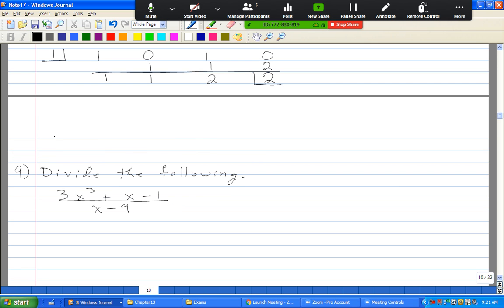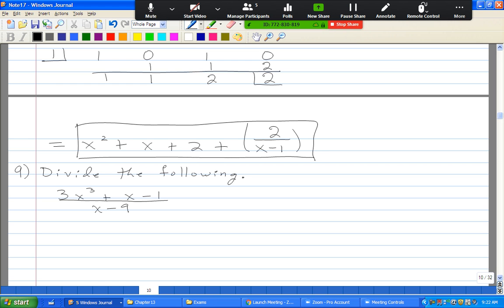This is equal to x squared plus x plus 2 with a remainder of 2 over the divisor x minus 1. And that is your answer.